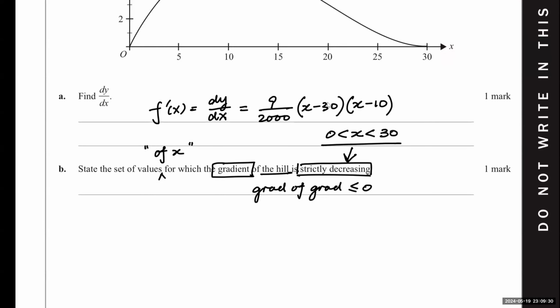We need to combine these: the domain of the derivative function, as well as the second derivative less than or equal to 0. So we need to use f double dash of x less than or equal to 0 and 0 less than x less than 30. I suppose that's the intention of the writer. So let's have a look at the document.